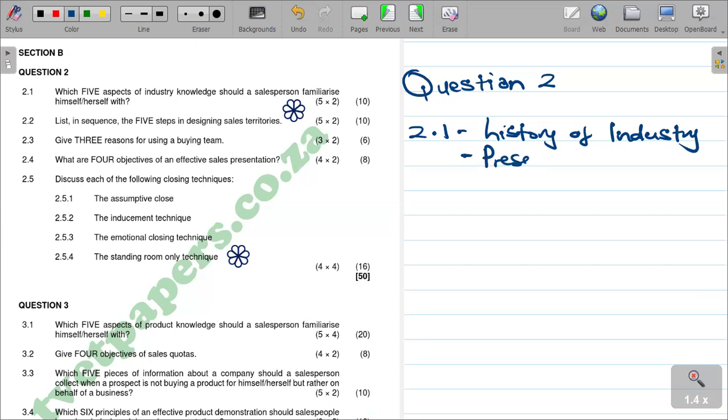Also the knowledge of the size and trends of the industry, and the size of the market share.